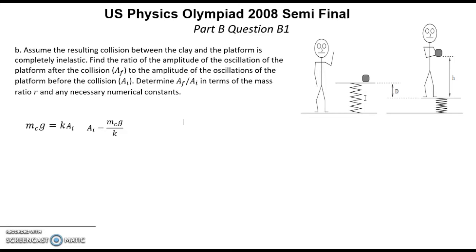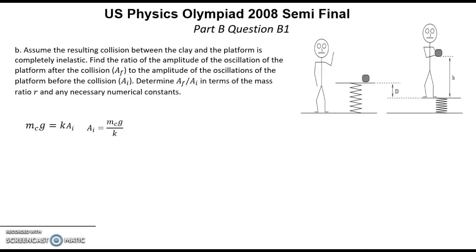And now we can count what is the total kinetic energy from this point, because this piece of clay hit us, and we can count what is the total initial speed in this position. For that we have to count first what is the speed of this piece of clay right before collision.